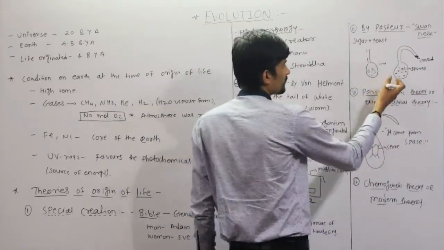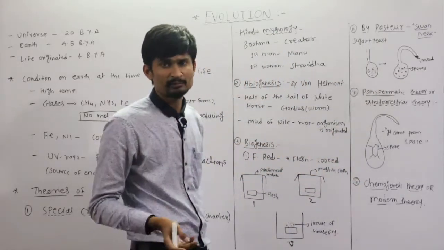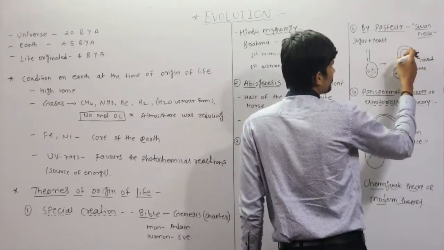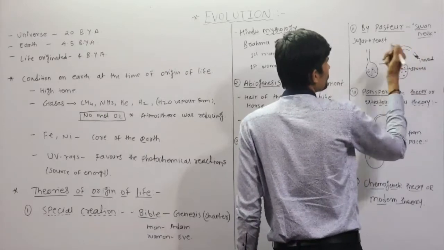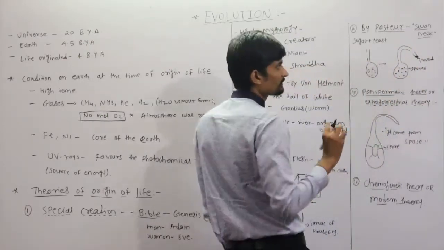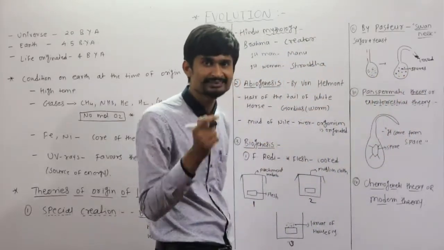He observed that solution, and in that solution there was no other organism. But in the next setup, Pasteur cut the neck, so now it was open, and then he observed this flask. He got some spores, new organisms, in that.